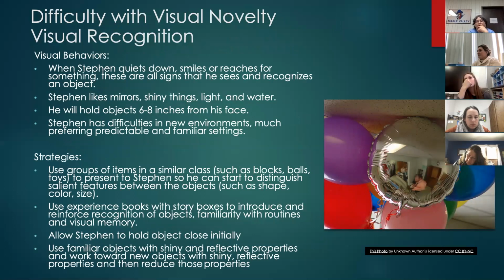Difficulty with visual novelty and visual recognition. So this is kind of a biggie, and it sometimes goes hand in hand with that complexity issue. When Stephen quiets down, that's how you know when a child is recognizing or understanding something.